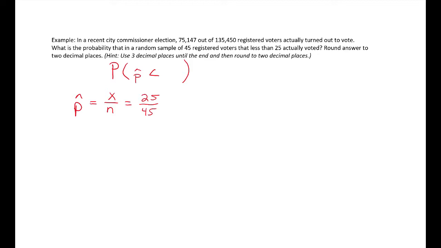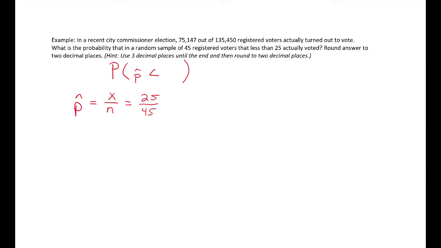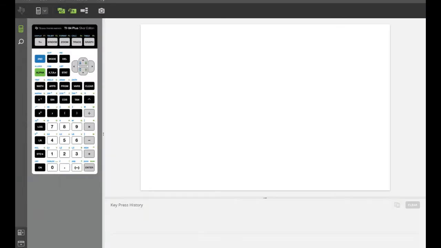Okay. So now, give me a second here. Let's go to our calculator and get this proportion written as a decimal. Okay, there's our calculator.